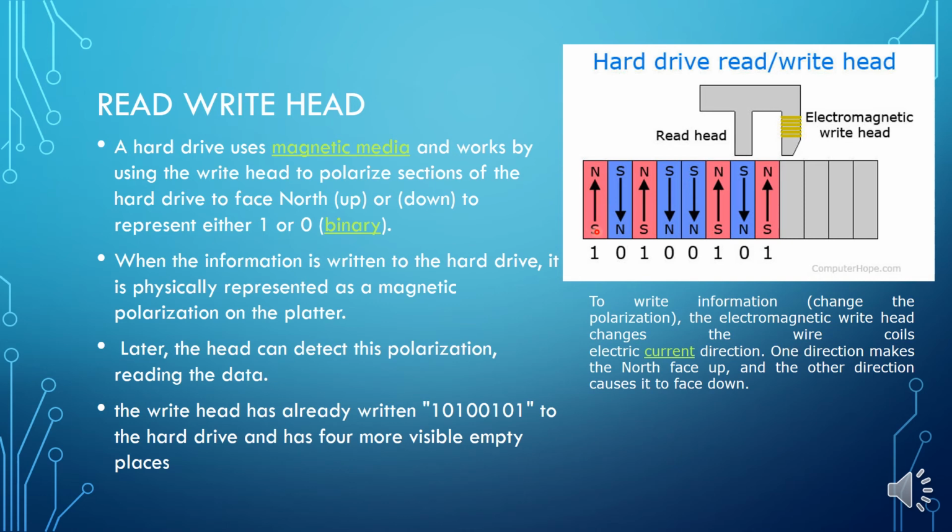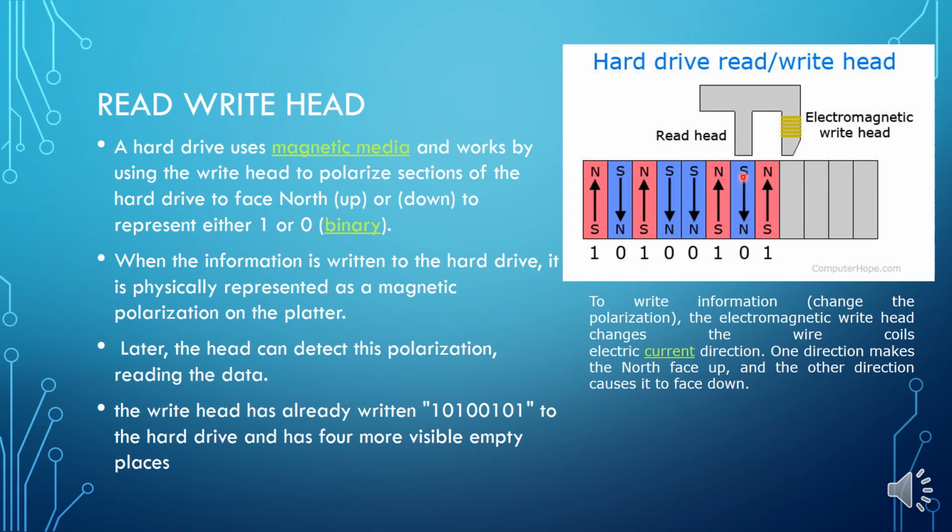In this figure you can see already 1010001001 is written. So north face up and north face down. So where north face is down, the bit embossed is 0. Means this is demagnetized and this is magnetized. North face is up, and whenever you want to store here as 1, then what happens?